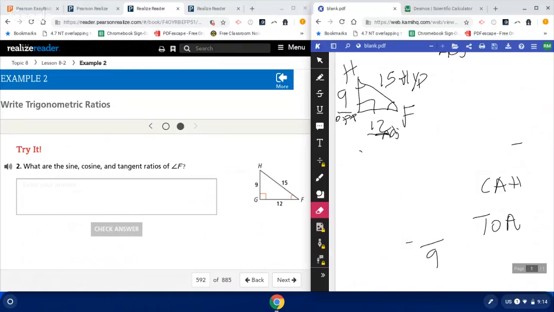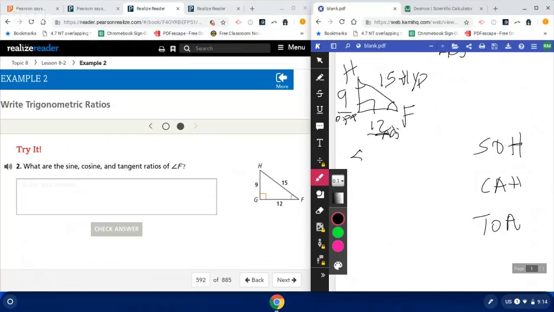We have to be careful to realize that it's different. Sine of F is going to be opposite, and this one is now opposite, so 9 over the hypotenuse, which is 15.